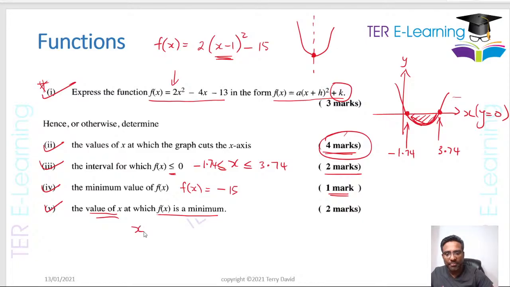All you need to do is put x minus 1 equal to 0, and therefore x is equal to 1. So that's my answer. The answer is x is equal to 1. And look, I didn't even do anything, and it's 2 marks for this. So they want to know the value of x at which f of x is a minimum. When you see that piece in the bracket, you have to put that equal to 0.